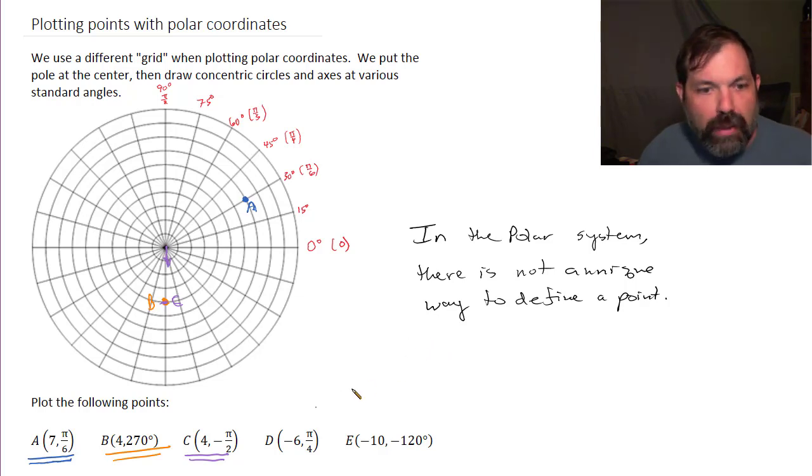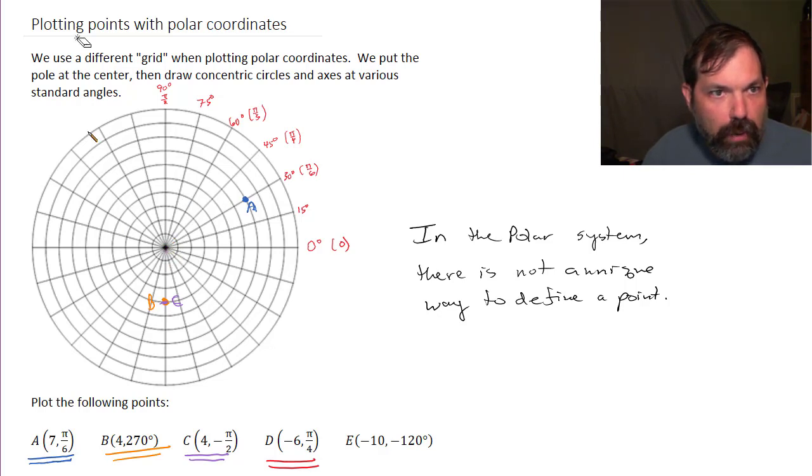All right, let's go back to these points D and E. Now, in point D, we have something different here. All right, so here's point D. Here we have a negative r value. So now we have to think about this a little differently. If D is negative 6, pi over 4, we first point at the pi over 4. Let me erase my previous arrow here.